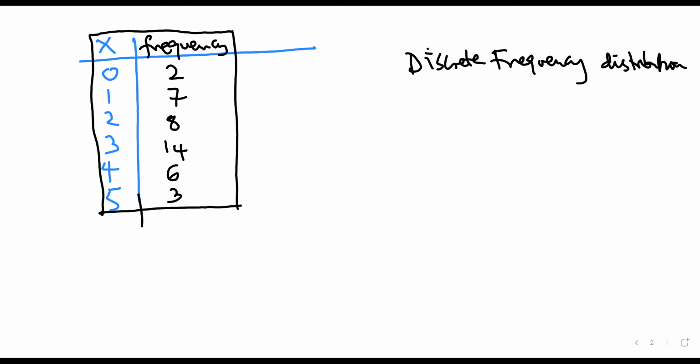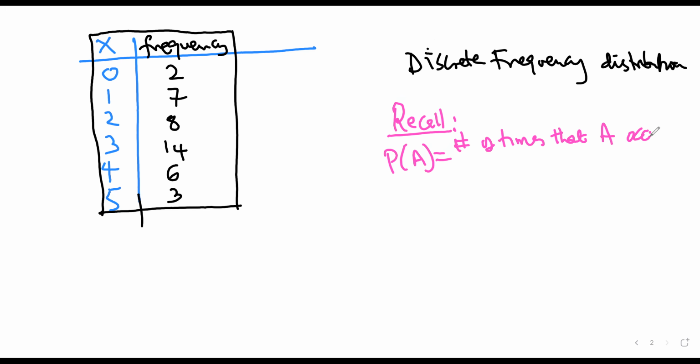But before we do that, let's recall the definition of the probability of an event A. And we know that the probability of an event A is given by the number of times that A occurs divided by the total number of occurrences in the sample space.